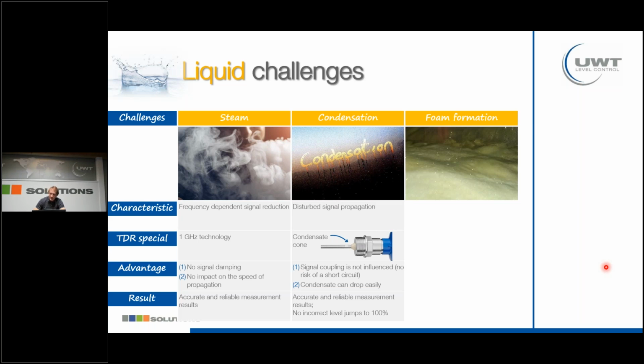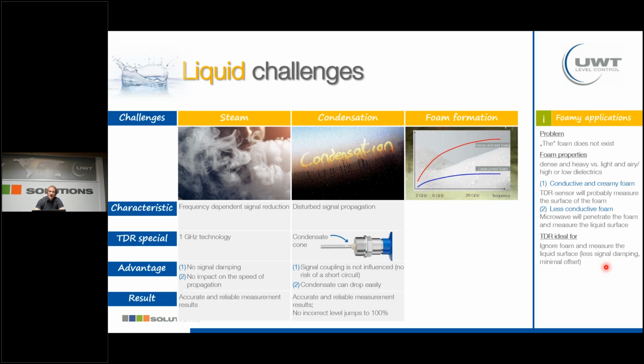Foamy applications are a little bit more challenging, because the foam does not really exist as one thing. There are different types of foam, and we can never say, okay, if we have foam, it will work. But the advantage of TDR sensors here again is the low frequency. This is what you can see in this diagram: here the frequency, and on this axis the signal damping.